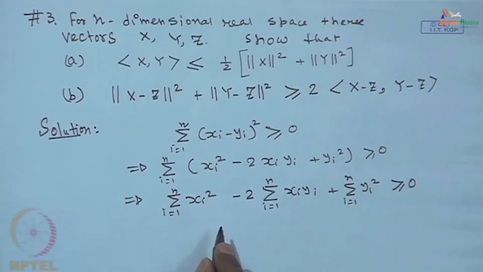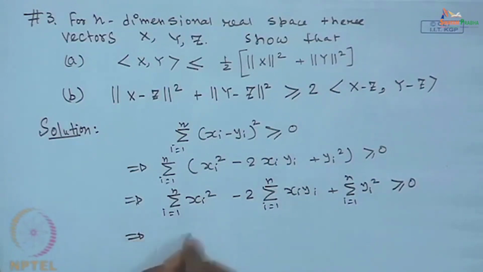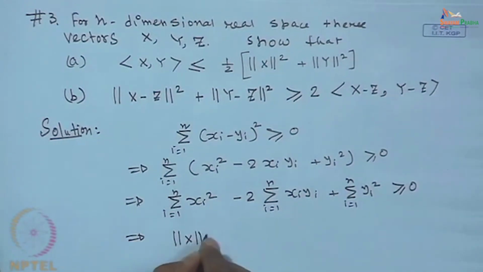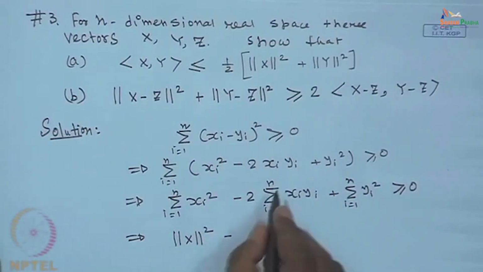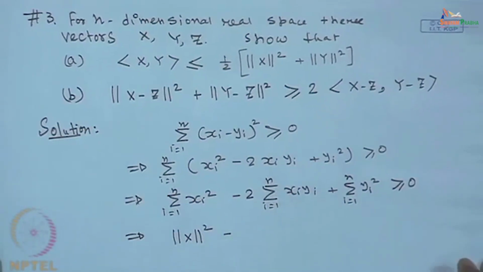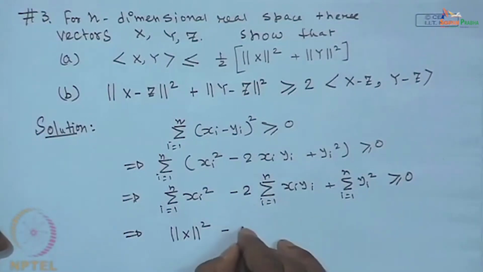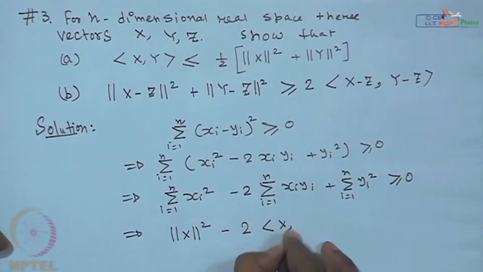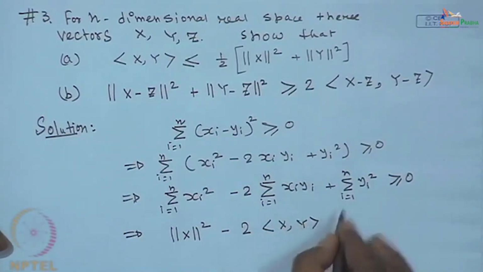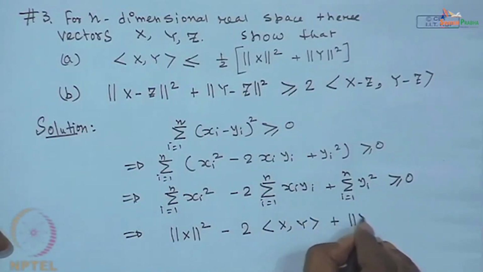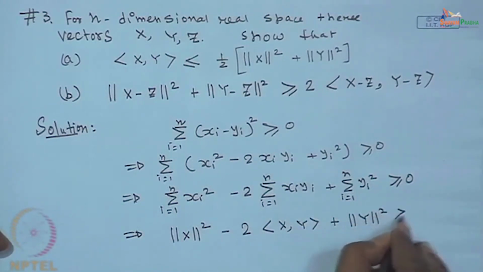By definition, if you look into the definition of summation of x_i square, this is nothing but norm of x square. So, this will be norm of x square minus, and what will this be? If you look into the definition of the inner product, this will be the inner product between vectors x and y, and this will be norm of y square.